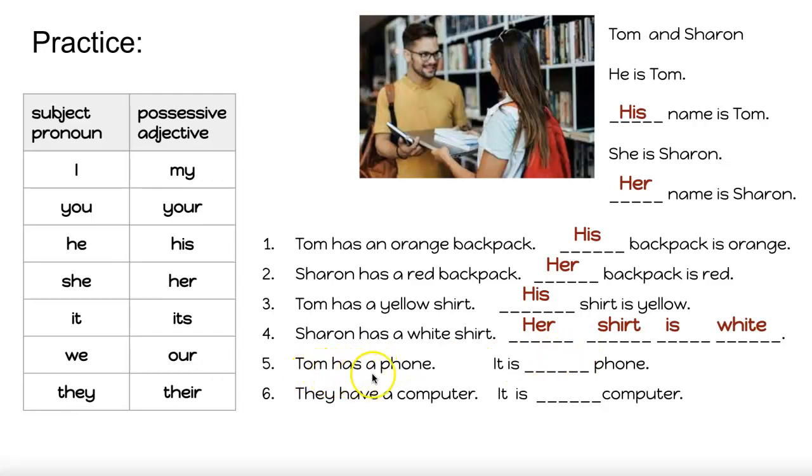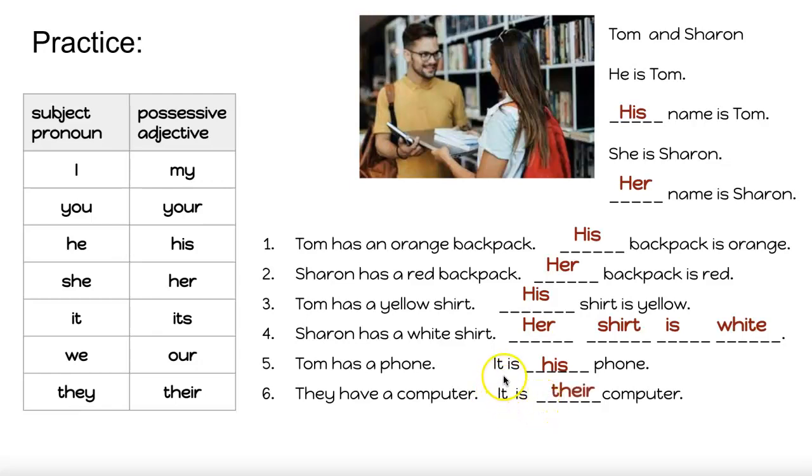Number 5, Tom has a phone. The phone, it is his phone. It is his phone. They have a computer. The computer, it is their computer.